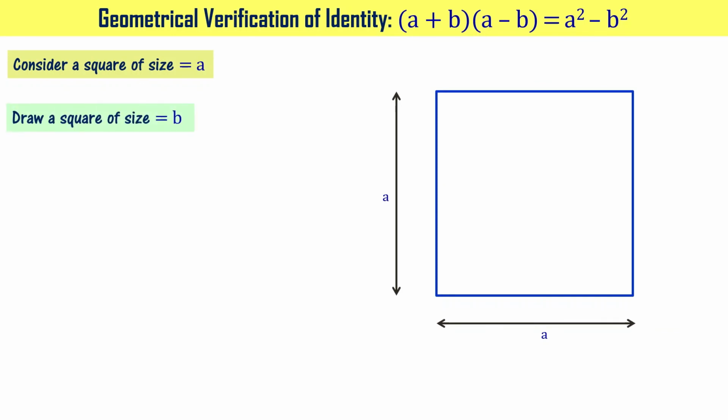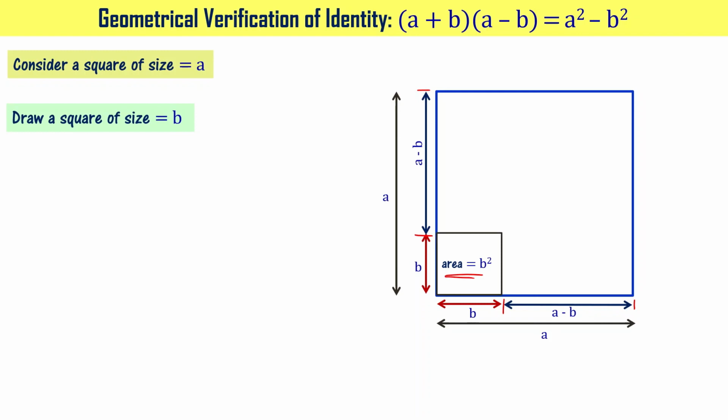And let's draw a square of size b within this as shown in the figure. And we know that the remaining part is going to be of length a minus b, and this remaining part is also going to be a minus b, right? And we know the smaller square area is b square.